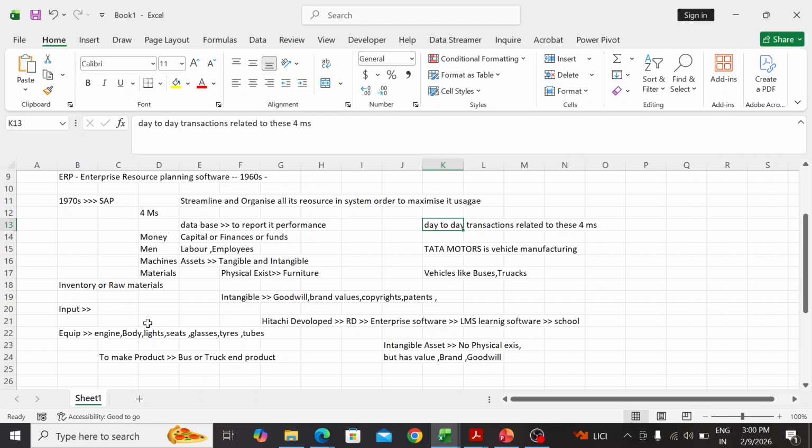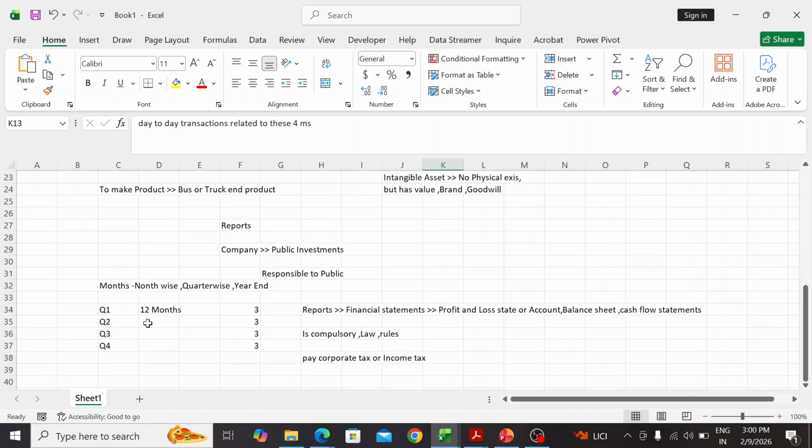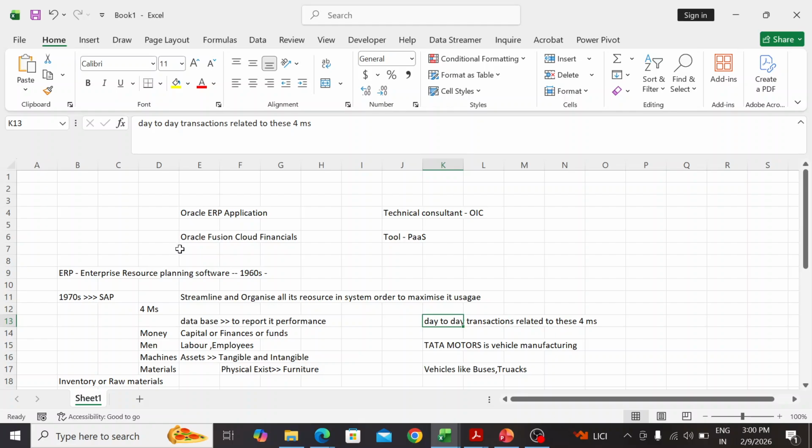So when it comes to our main discussion, what is our main discussion? Our main discussion is the Oracle Cloud ERP application. Under ERP software, the Oracle ERP application is one of these software, like SAP.